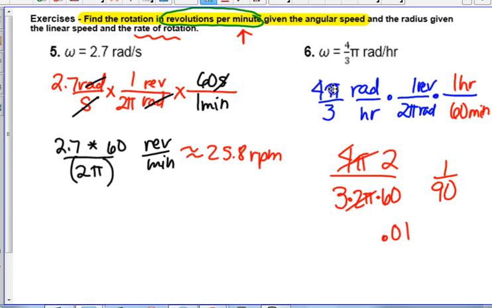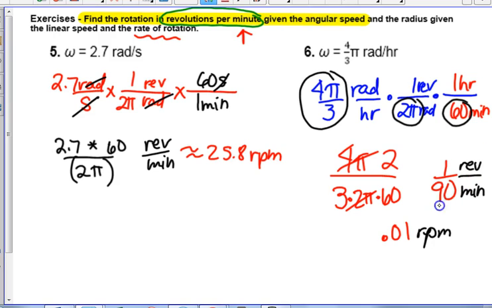Okay, guys, if you wanted, watch, you could type this in, and then you could say I need to divide by this, and I need to divide by this. But when you divide by the 2 pi, you need parentheses. So if you want to do 4 times pi divided by 3, then divided by parentheses 2 pi, and then that answer divided by 60, you get 0.01. It's 1/90th. Or 1 revolution every 90 minutes.